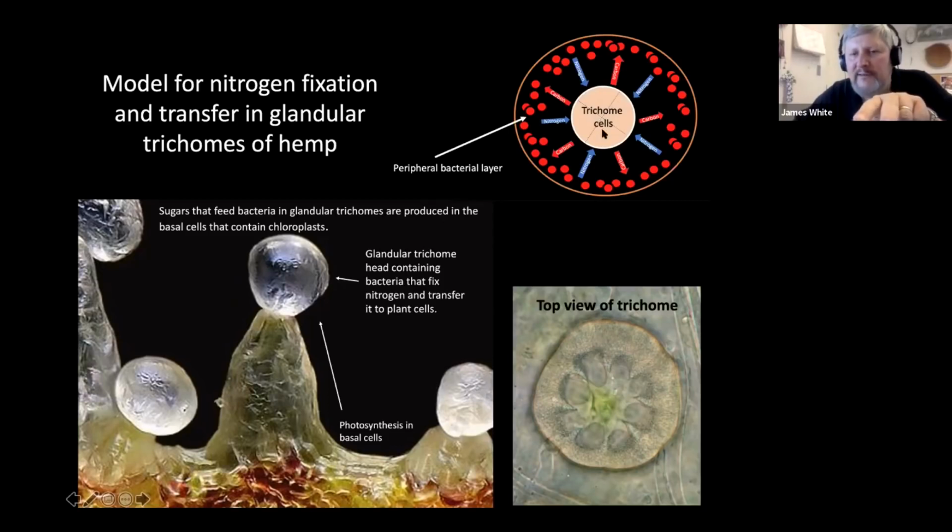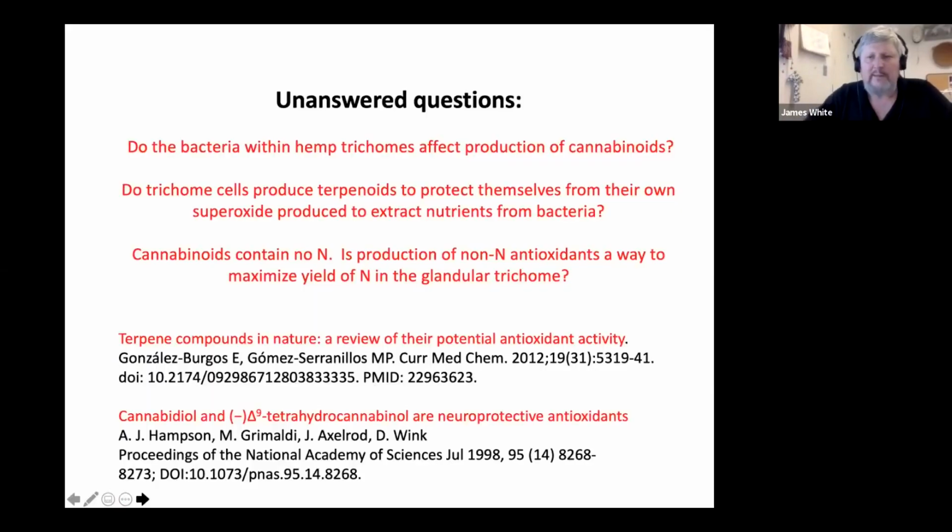And of course, the trichome cells themselves can absorb that nitrate that forms in the reaction between nitric oxide and superoxide. So that's how we think that the glandular trichome is working.